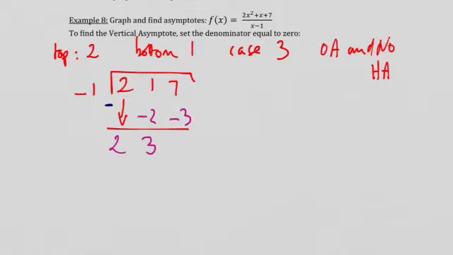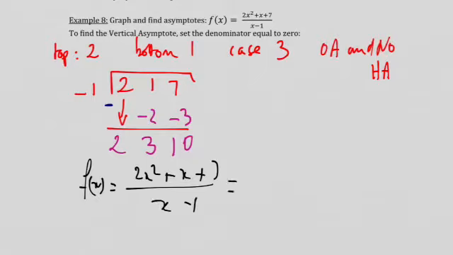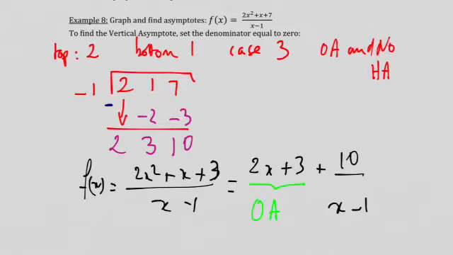And I add, 7 plus 3 equals 10. And so I have the function f of x equals 2x squared plus x plus 7 divided by x minus 1, which equals 2x plus 3 plus 10 divided by x minus 1. And my oblique asymptote is going to be 2x plus 3. This is going to be the oblique asymptote.